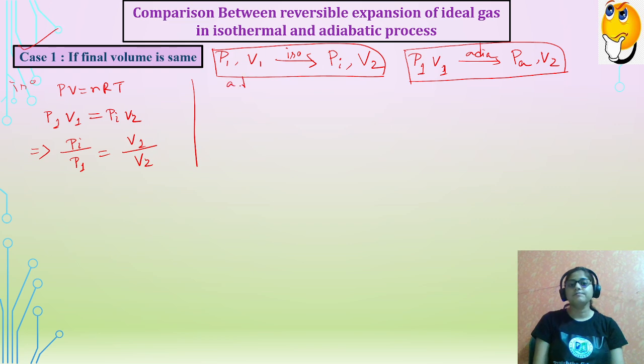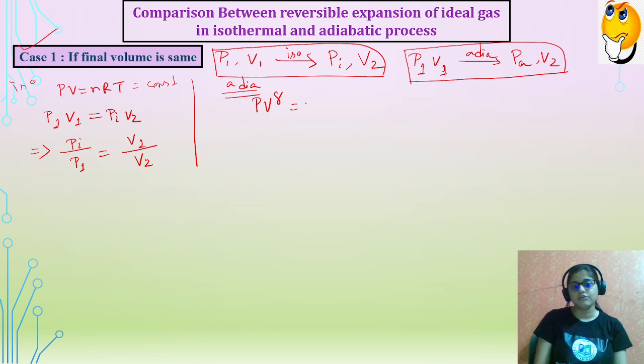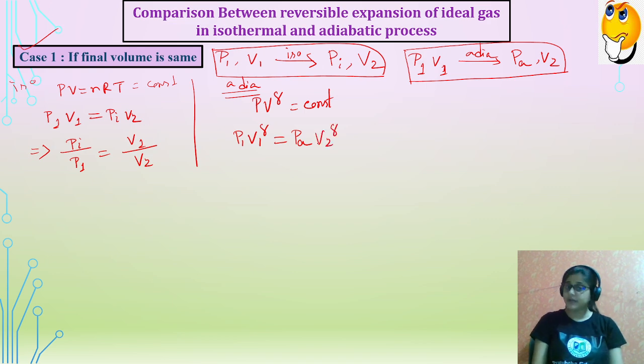For adiabatic, we know PV equal to nRT or constant is not applicable. Here, PV to the power gamma equal to constant, right? So we can write P1 V1 to the power gamma equals, what was the final pressure of adiabatic, PA and V2 to the power gamma.